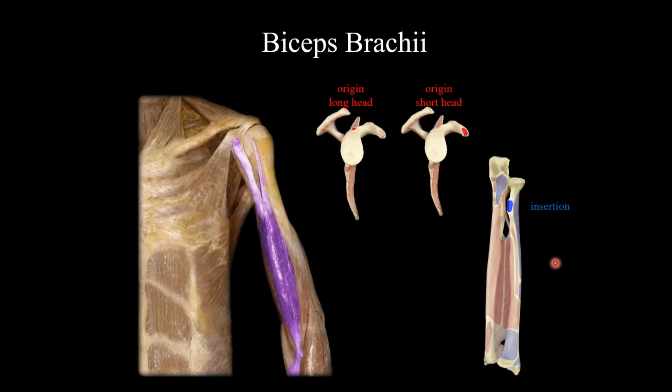So as you can see here, the biceps brachii actually has two heads. That's why the origin of the long head is in here and the origin of the short head is in here. Then the insertion of the short head can be found in the radius, particularly in the radial tuberosity.